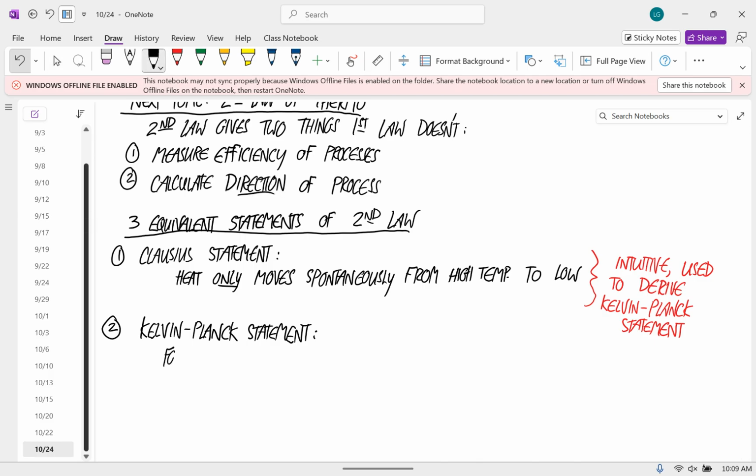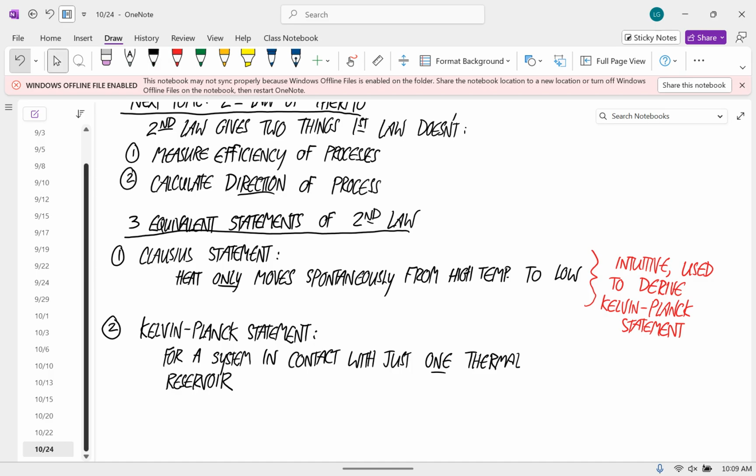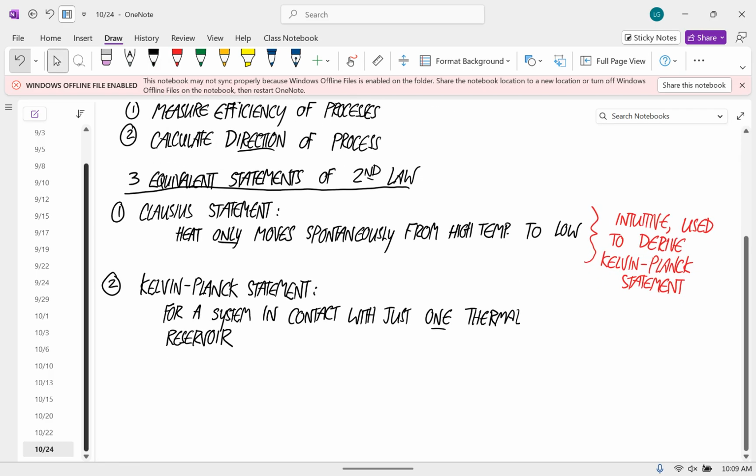But for a system that's in contact with just one thermal reservoir, the work done over a cycle, and you can think of this as like a power cycle, is less than or equal to zero. Okay, so let me break this down.